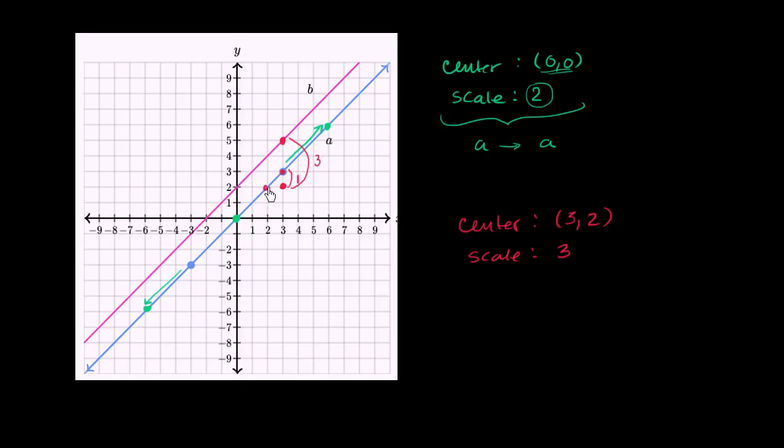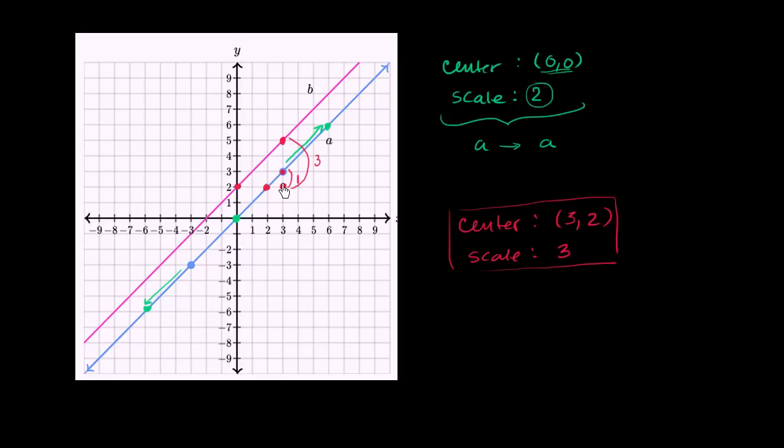For example, this point right over here, it's 1 to the left of our center of dilation. If we have a scale factor of 3, it's going to be 3 to the left. So it's going to map right over there. So I'm going to go with center at 3, 2, scale factor of 3. And you could have picked many, many other, in fact an infinite number of other centers, and then you would have had to calculate the appropriate scale factor for each of those.